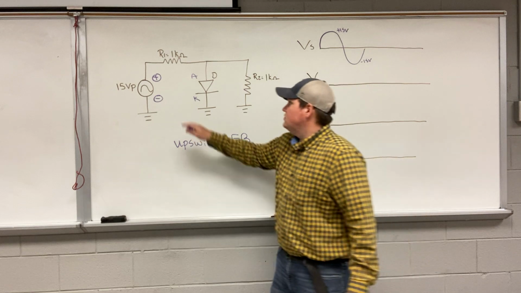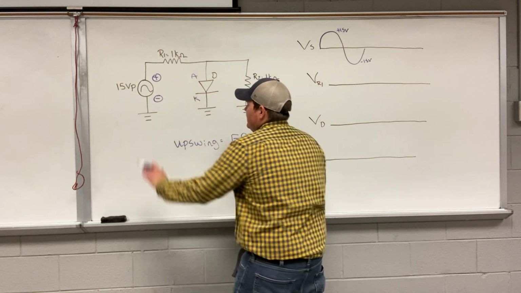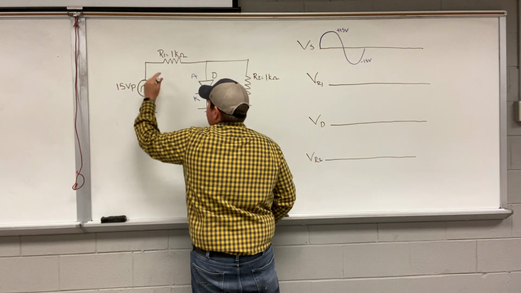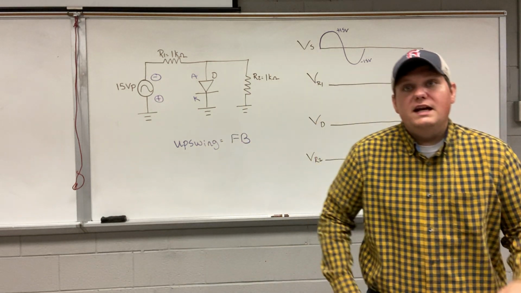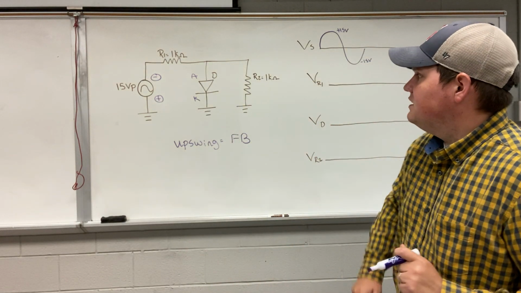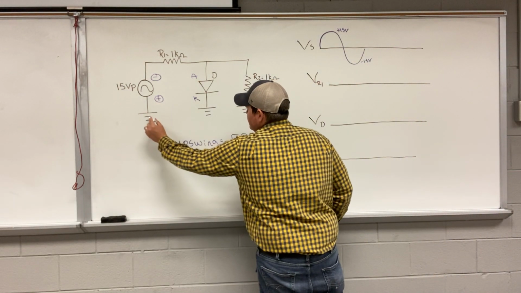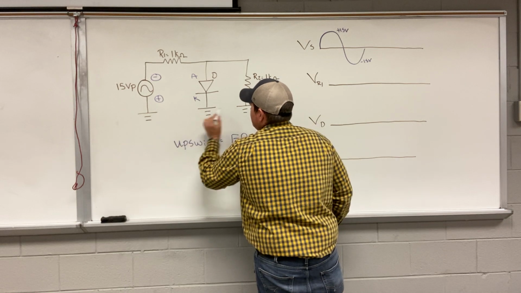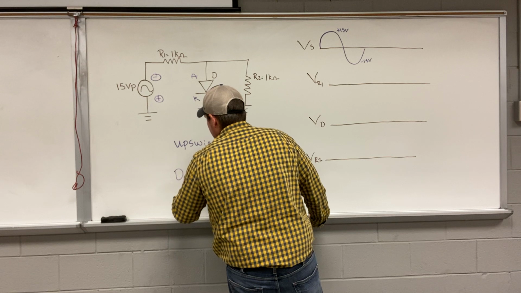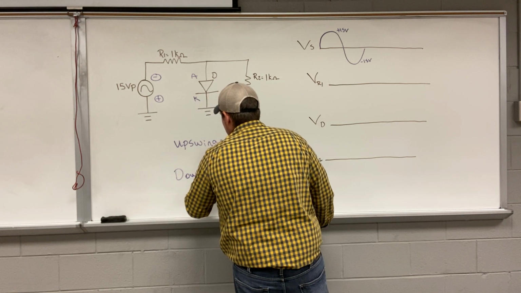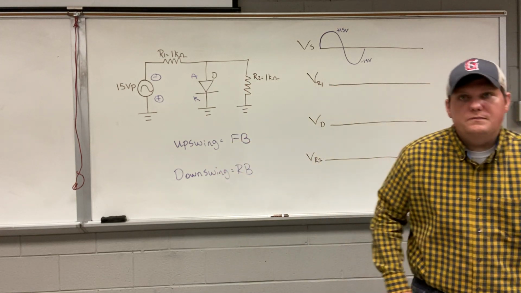And again, that's because the anode is tied to the positive. Now, on the downswing, when this is my polarity, is the anode more positive than the cathode? It is not, because the positive is now tied to the cathode. So on the downswing, we are in reverse bias.